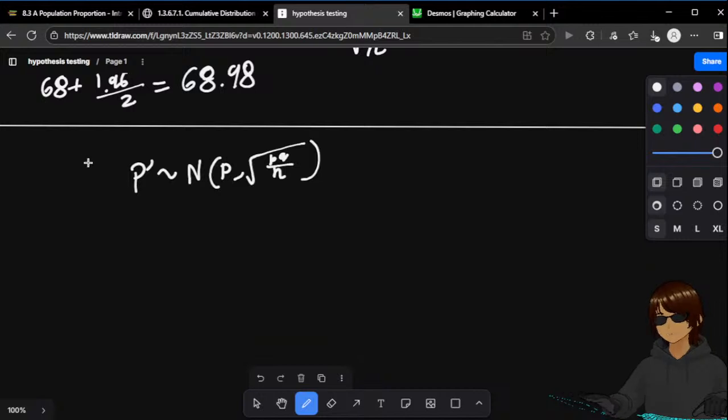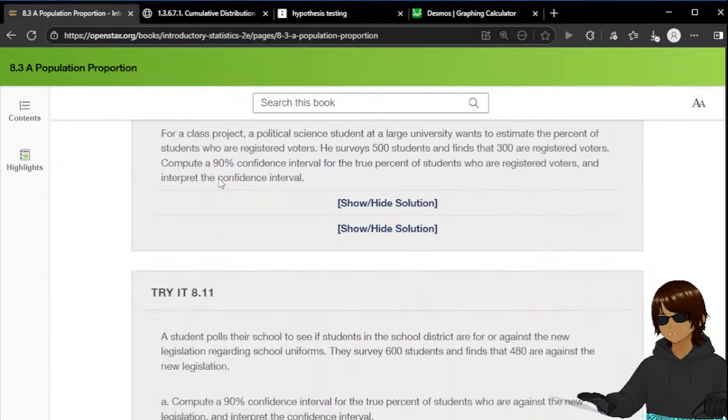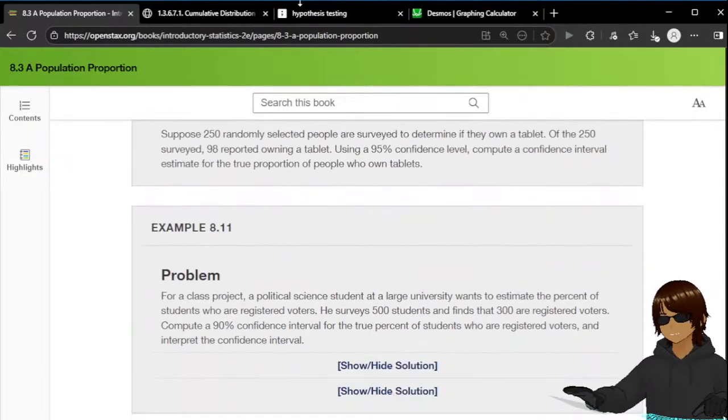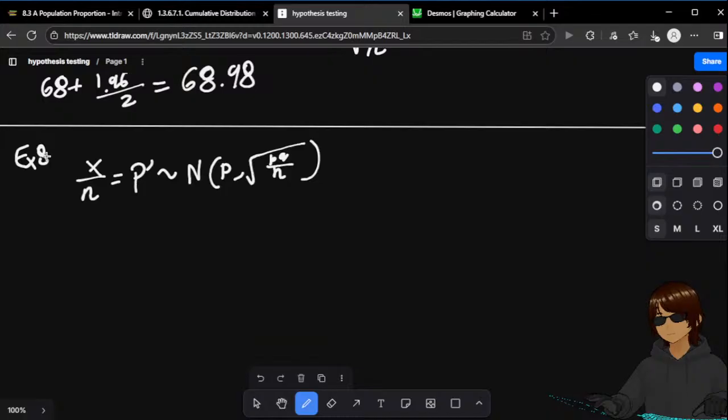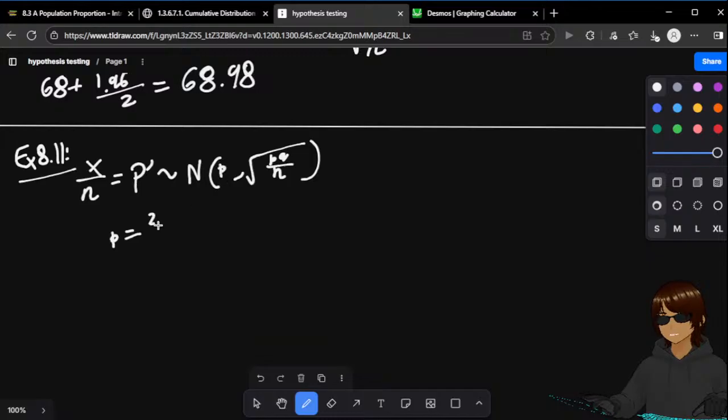This is x over n. This is example 8.11. P is equal to, this here is not capital P, small p, 300 over 500, which is 3 over 5. Q is 2 over 5. N is 500.